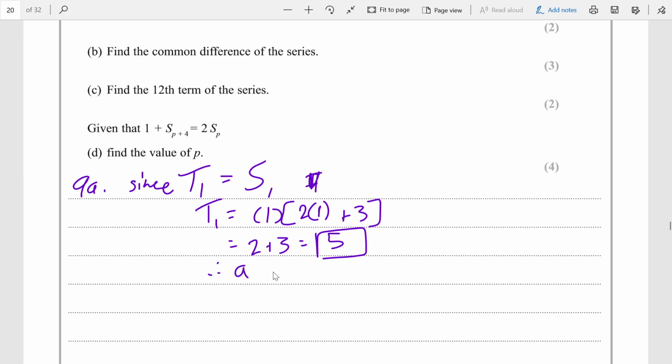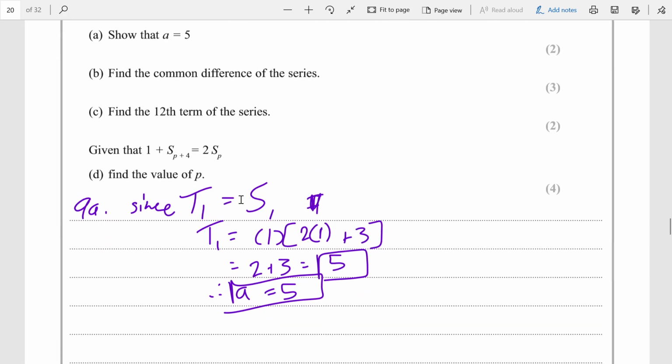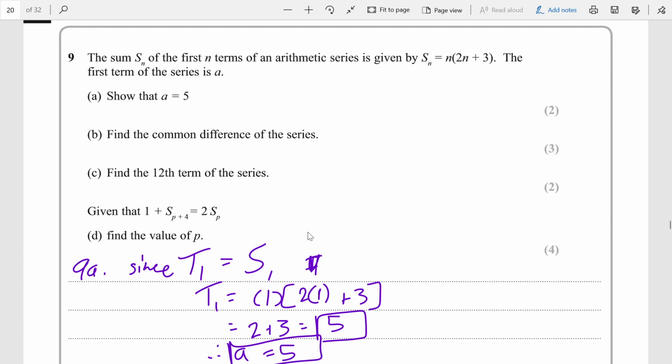Therefore, a, the first term of the arithmetic series, is 5. So we've proven this by evaluating the sum of the first one terms.